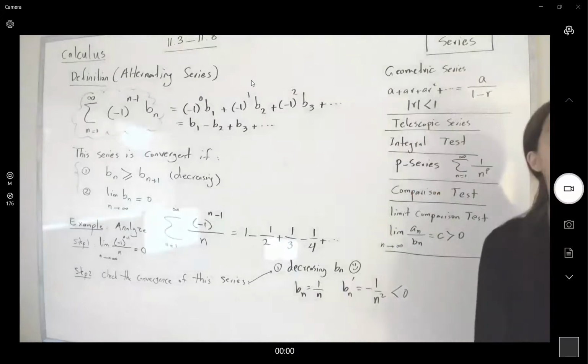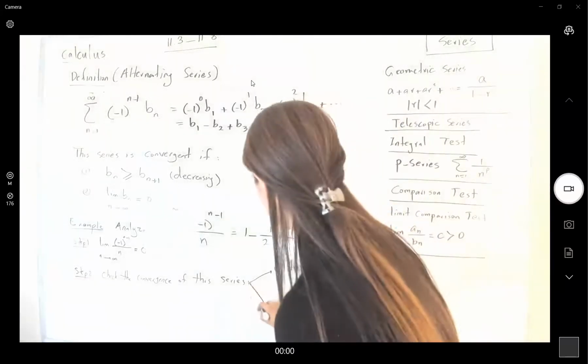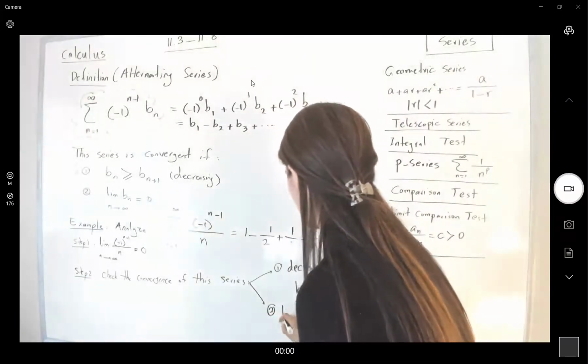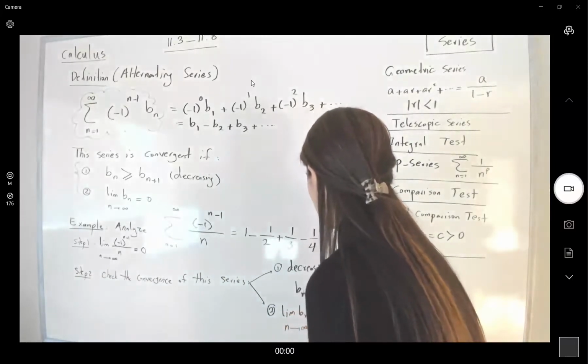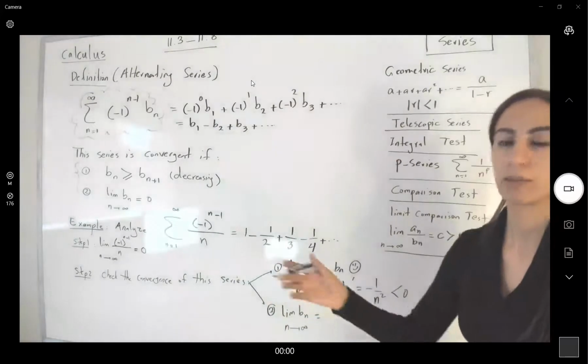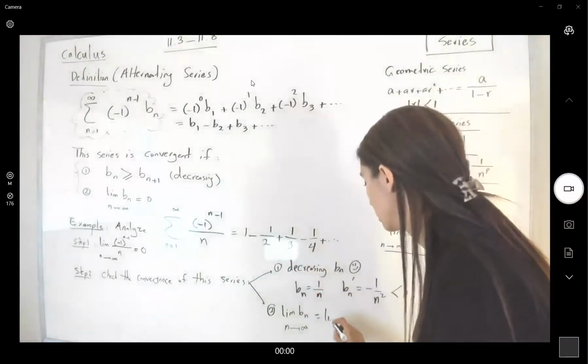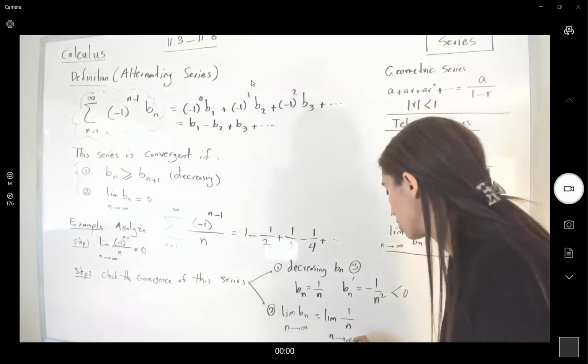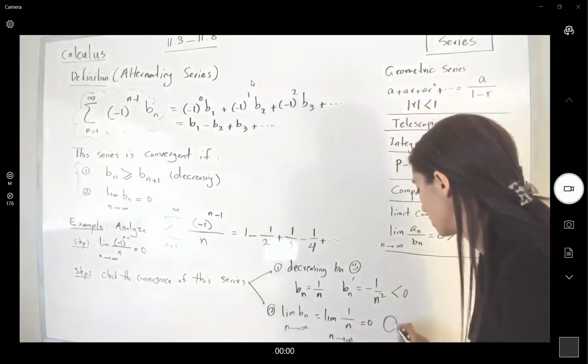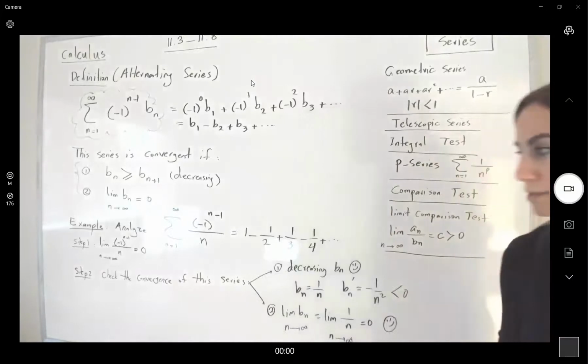Two, we need to check the limit of bn while n approaches infinity. We already know about the behavior of this sequence, 1 over n, while n approaches infinity, which is 0. So the second condition is met.